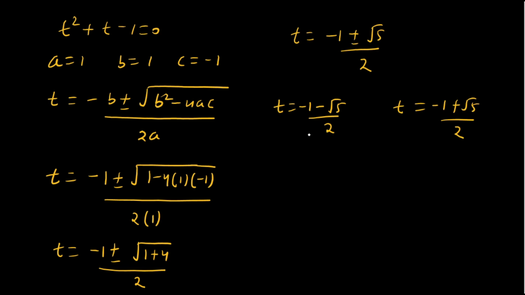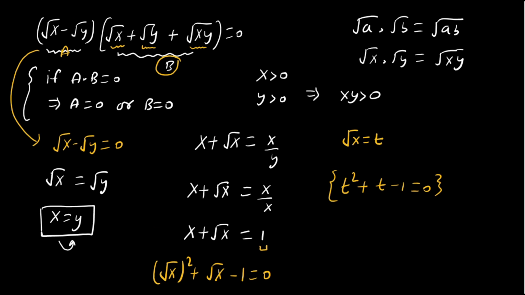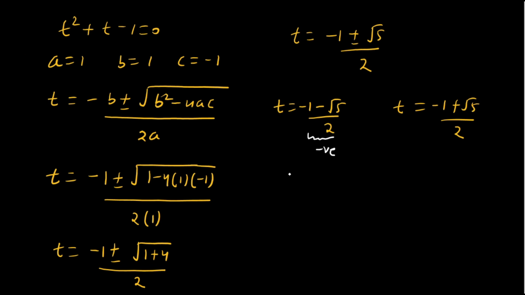Here this is a negative number, and t is replaced by square root of x. Here square root of x is equal to minus 1 minus square root of 5 divided by 2. And in the other case, this t is replaced by square root of x, equal to minus 1 plus square root of 5 divided by 2.